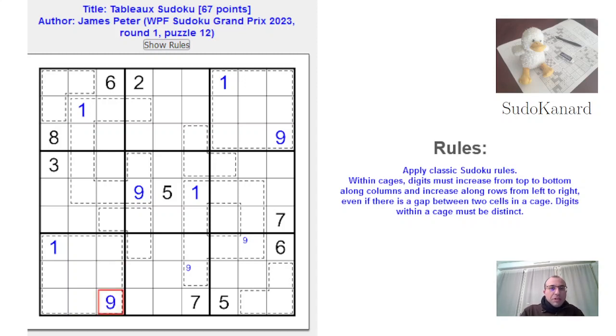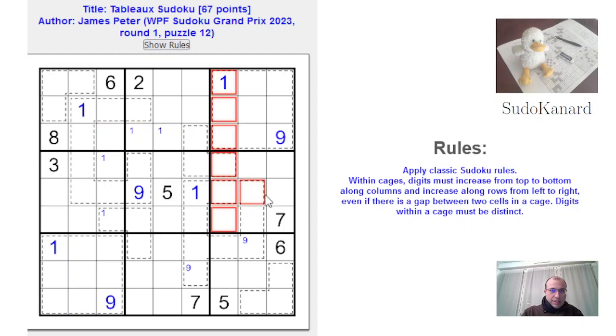Then we can do some Sudoku logic, meaning that with those ones, we must have a 1 somewhere in here, but because of this, we have a 1 somewhere in here. And with those ones, we also must have a 1 somewhere in here.